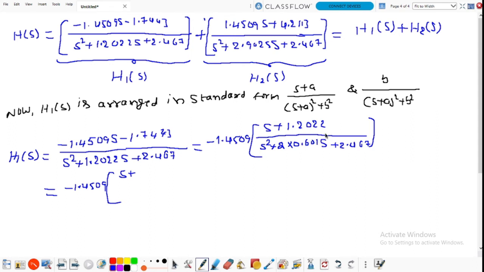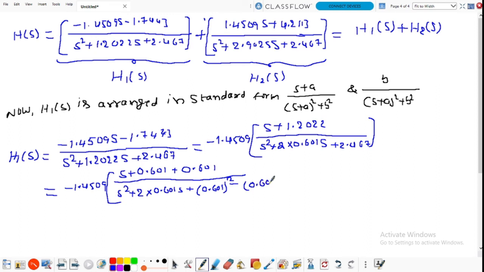So 1.2022 is written as 0.601 plus 0.601, divided by S square plus 2 into 0.601 S plus adding and subtracting 0.601 whole square, minus 0.601 whole square, plus 2.467.